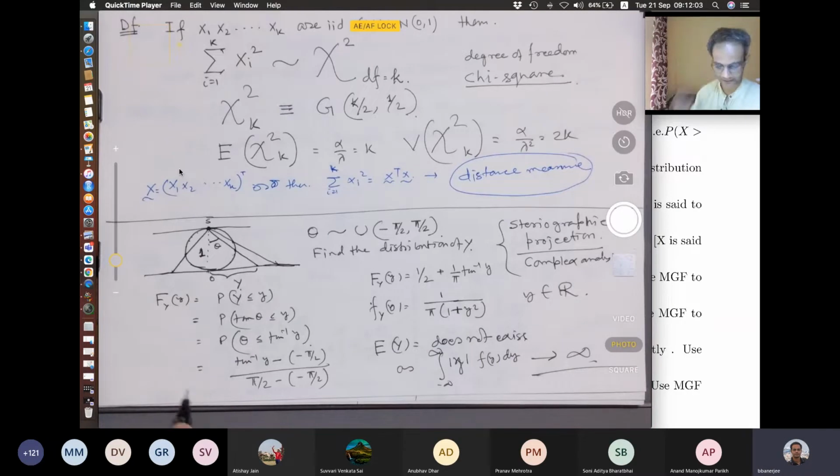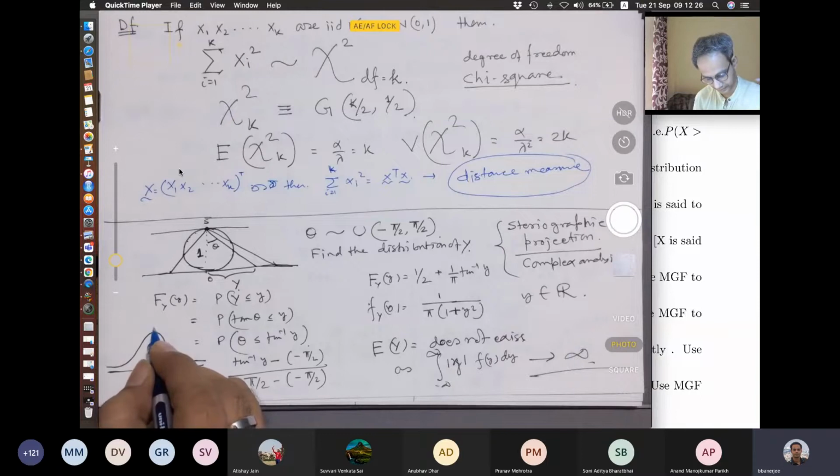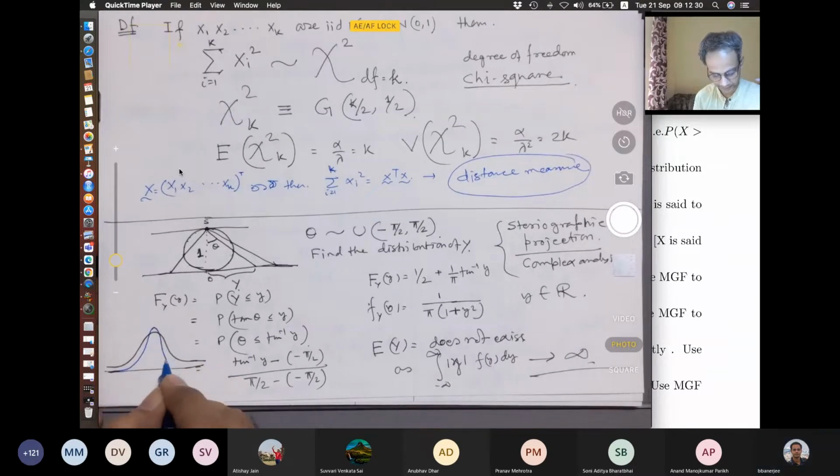But interestingly, the density will look similar to normal, but it has a very thick tail. The tail part is not as thin as the normal distribution. I will tell you the name: this distribution is Cauchy, and this is normal.